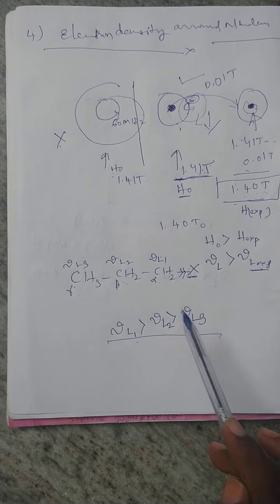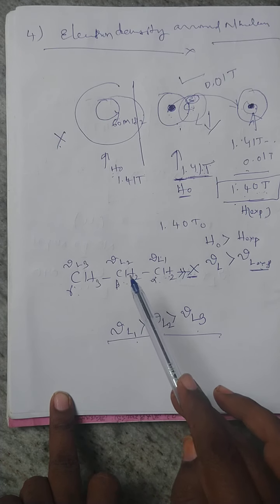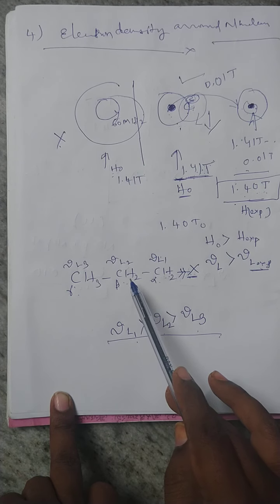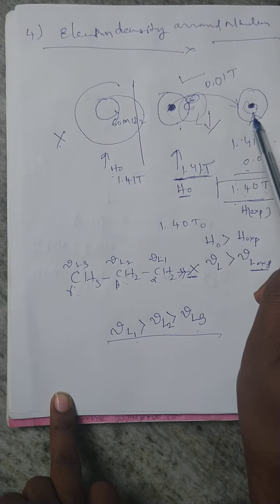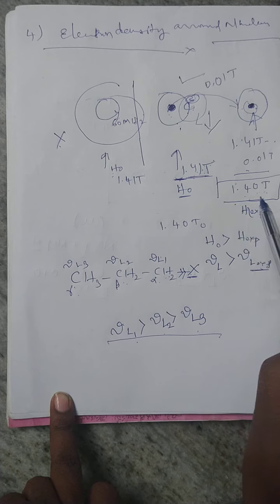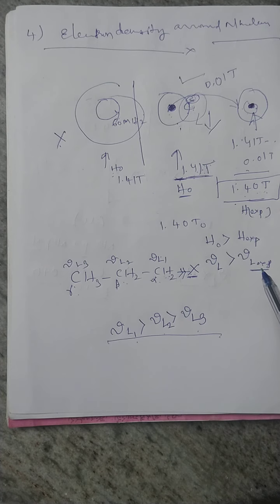The electrons around these protons will not be altered greatly, so those electrons will shield the external magnetic field, right? So the nucleus will experience less external magnetic field, and will precess with a lesser Larmor frequency than expected.